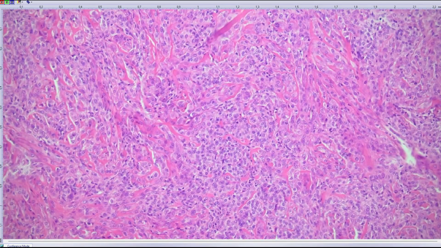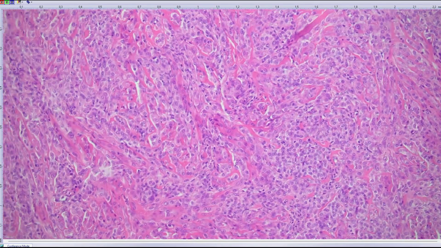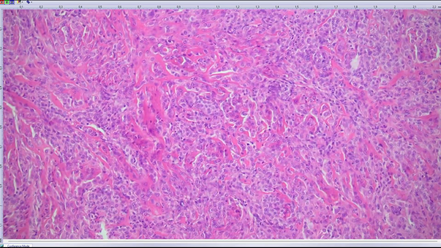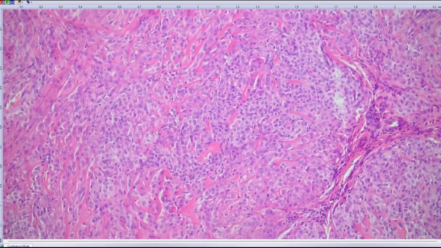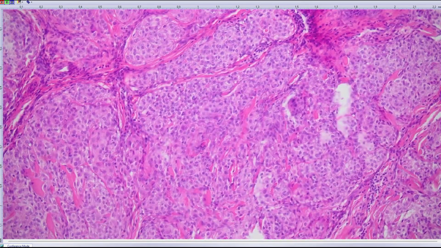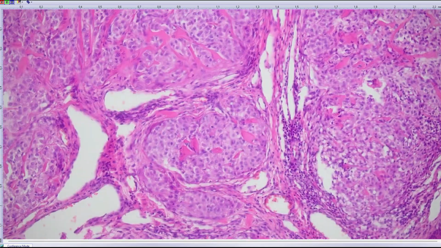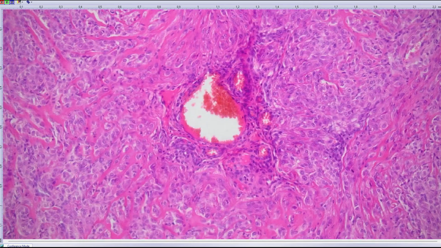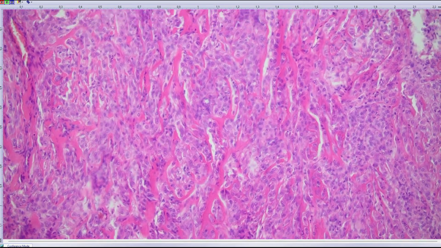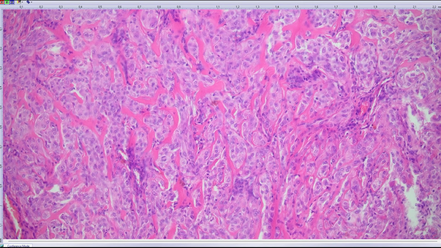If it were a pigmented lesion, it would really cause a differential diagnosis with melanoma. But there is no mitosis, not even normal mitosis, let alone atypical mitosis.